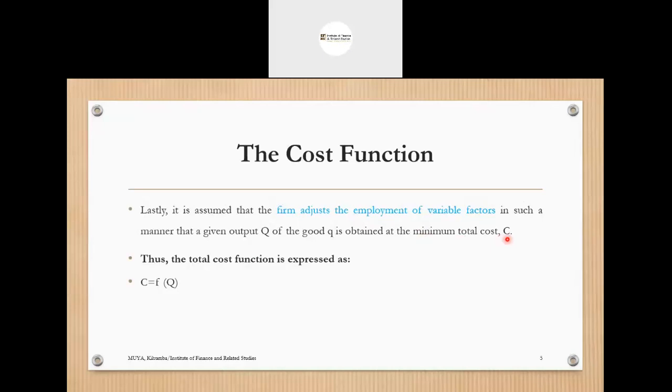So for every production, the farm is assumed to want to minimize costs. In such a case, we express the cost function as C being a function of the output, which we've said we will restrict to one for a farm.